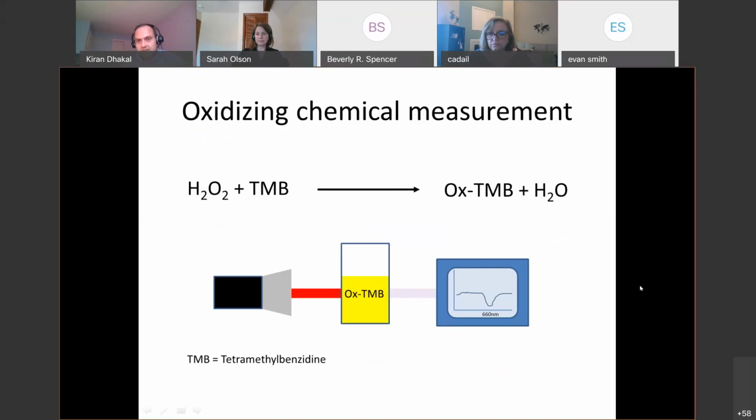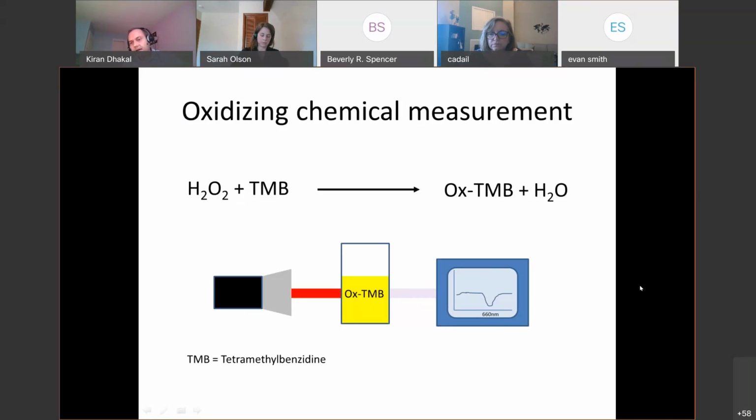Do we measure oxidizing chemicals? Again, we mix with a very reactive reagent, which will react with the oxidizing agent. For example, we have hydrogen peroxide already present in the urine. So if we use a reagent called tetramethylbenzidine, that will quickly react with any oxidizing agent present in the urine, and that will form a different complex.